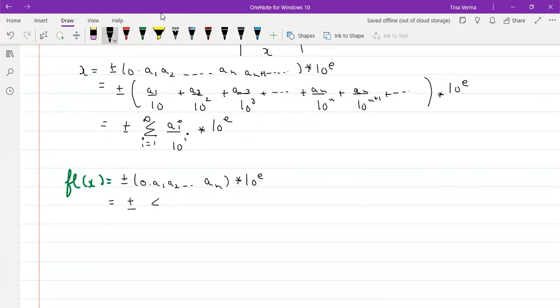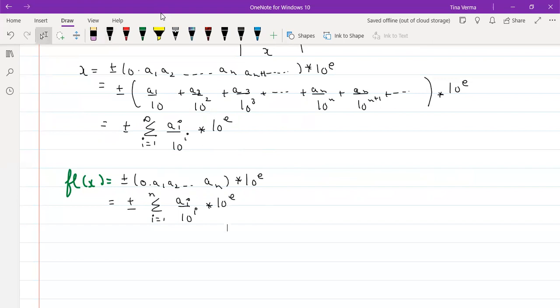This will be plus or minus the summation i equals 1 to n, because we are considering chopping only up to n digits. So this will be ai 10 raised to the power i into this.